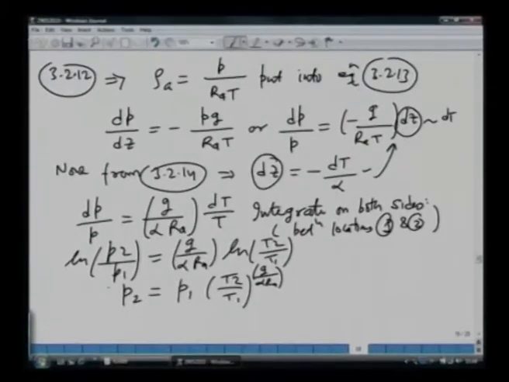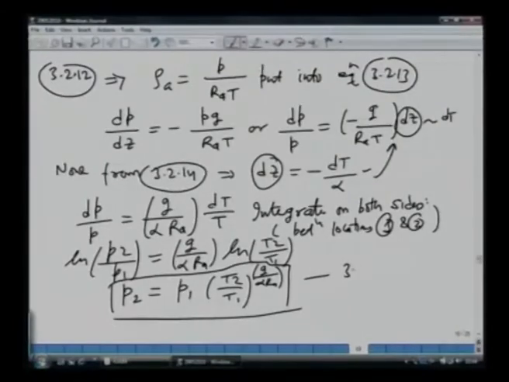Okay. So, this is your relationship between p2 and other things, and I am going to number this as 3.2.15.